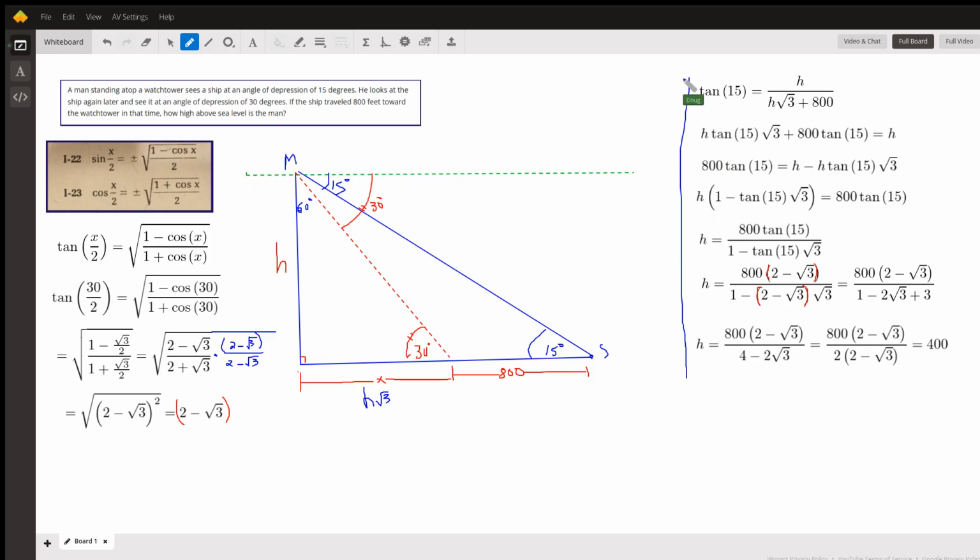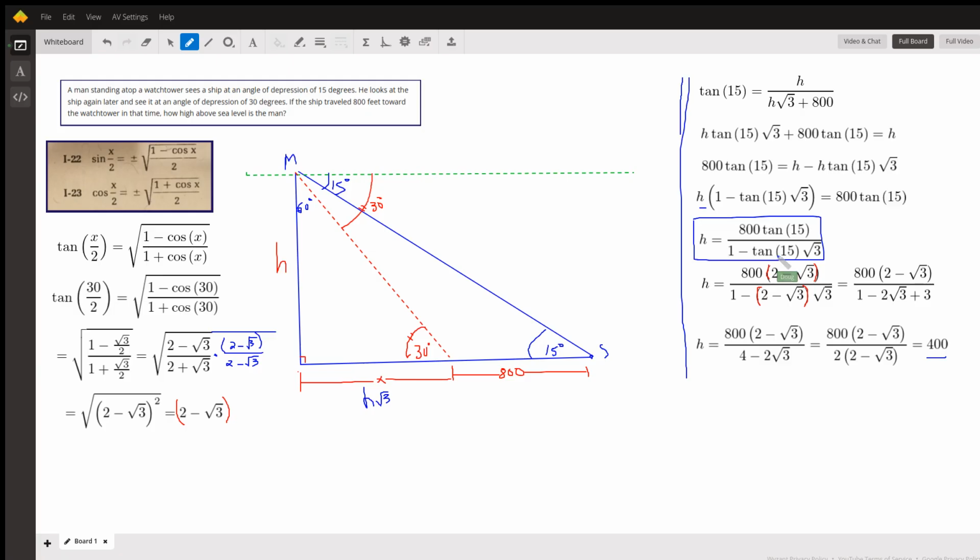And then you can set up this equation. The tangent of 15 is opposite over adjacent. The adjacent side is 800 plus h radical 3. You can actually isolate the h and end up with this. At that point, you could use a calculator to find out that h is 400.